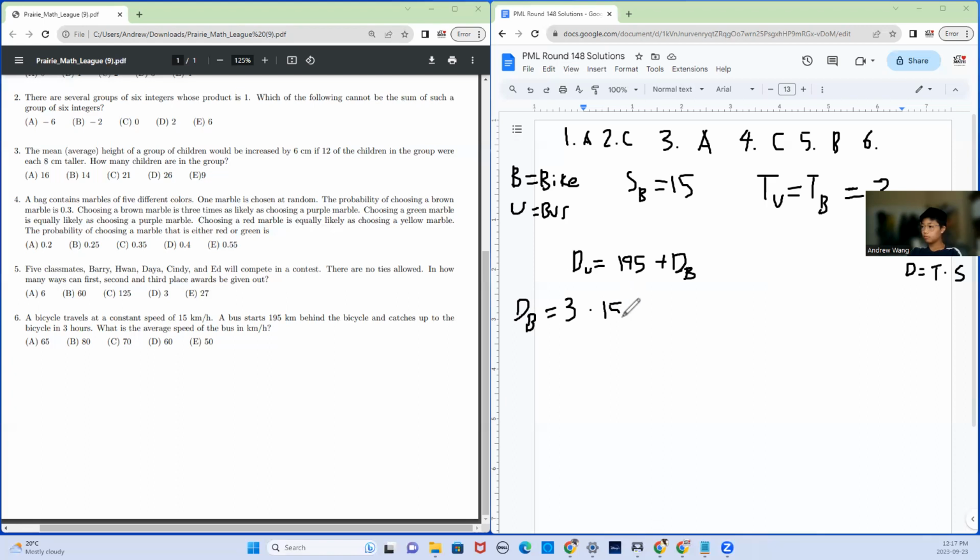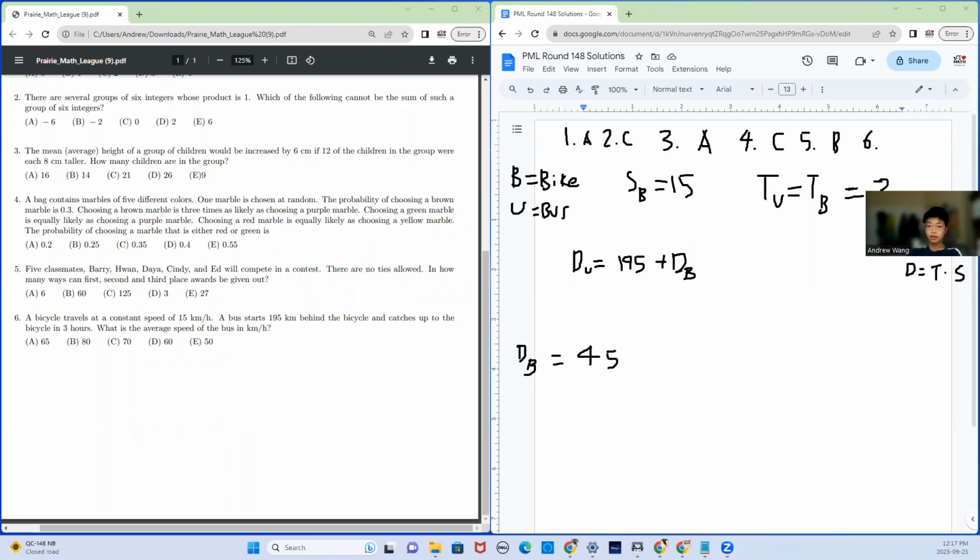So the distance of the bike will equal 3 times 15, which is 45.